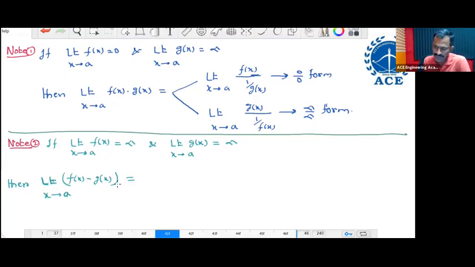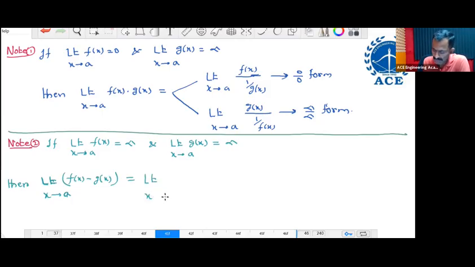Because of this, infinity minus infinity is one of the indeterminate forms. And we try to reduce this to 0 by 0 form. For this, just like the previous one, we make some adjustment and we reduce this to 0 by 0 form. So shift both f of x, g of x to denominator. That is the adjustment.